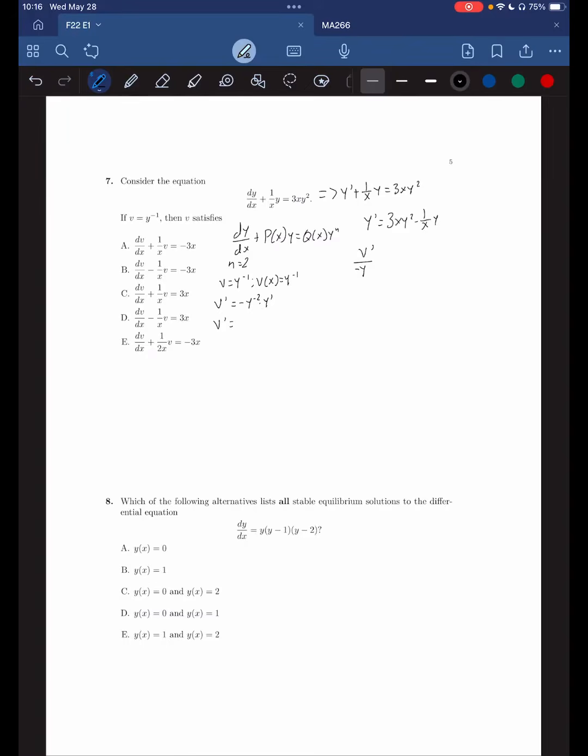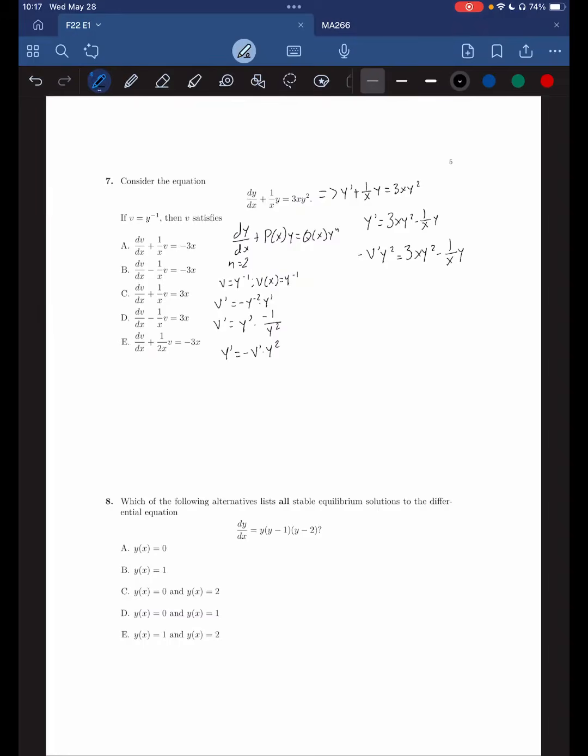V prime equals y prime times minus 1 over y squared. So when I multiply that over, you get y prime equals minus v prime times y squared. Yes. So now you have the minus v prime y squared equals 3xy squared minus 1 over xy. That's what you have right now.